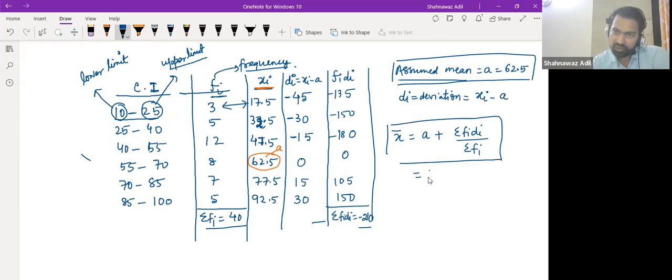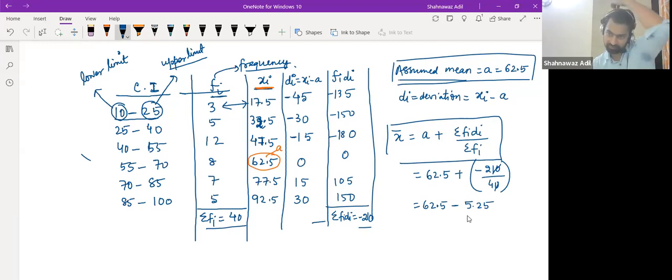And A we have assumed to be 62.5, plus sum of FiDi is minus 210, divided by 40. So this is how much? So this is 62.5 minus 5.25, right?